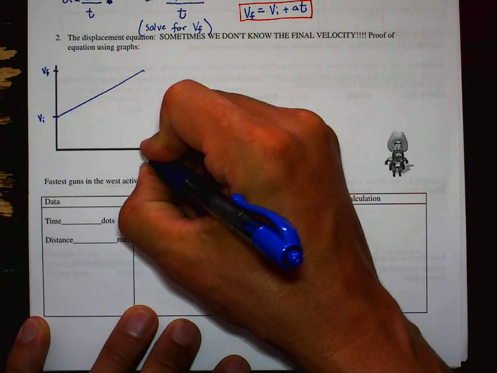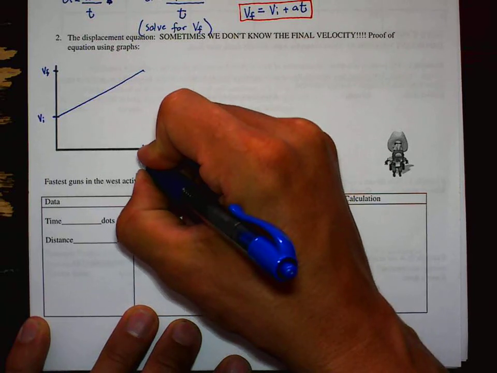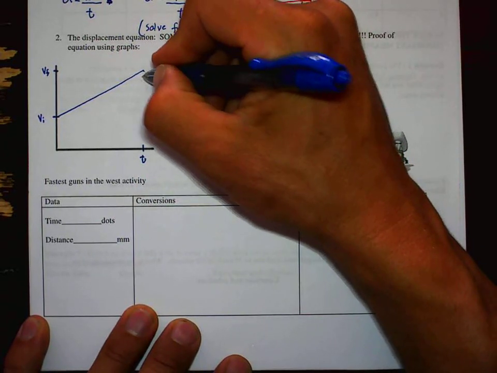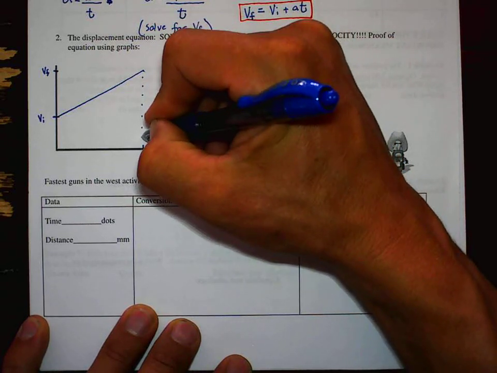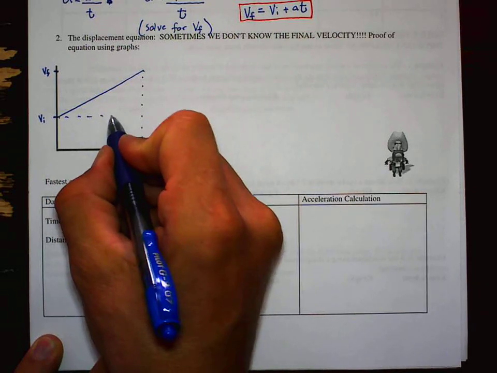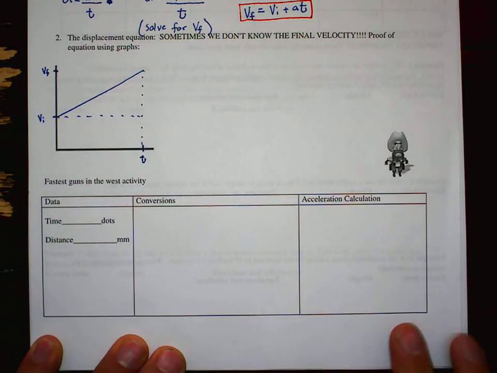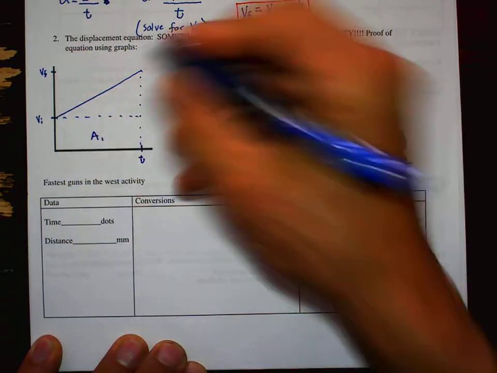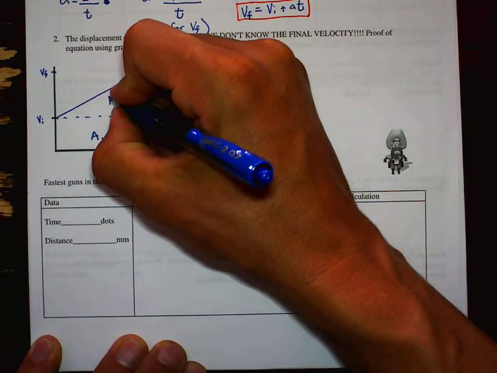Down here, some time is going to go by. I'm going to divide this area up into 2 shapes. Okay, and we're going to call this A1. We're going to call this A2.